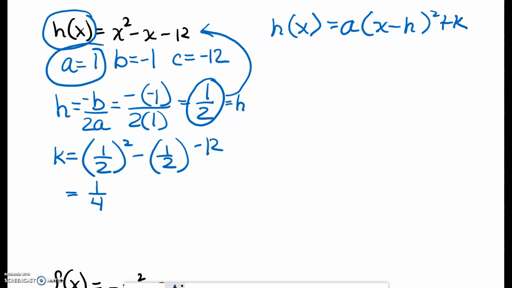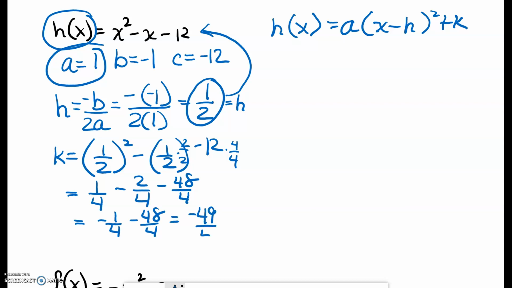It looks like everything needs to be with a denominator of 4, so I'm going to multiply this by 2 over 2, minus 2 over 4. I'm going to multiply this by 4 over 4, minus 48 over 4. So what do I get here? I get a minus 1/4 minus 48 over 4 is a minus 49 over 4.